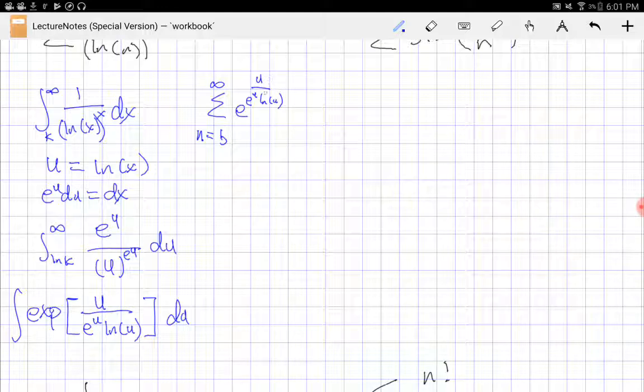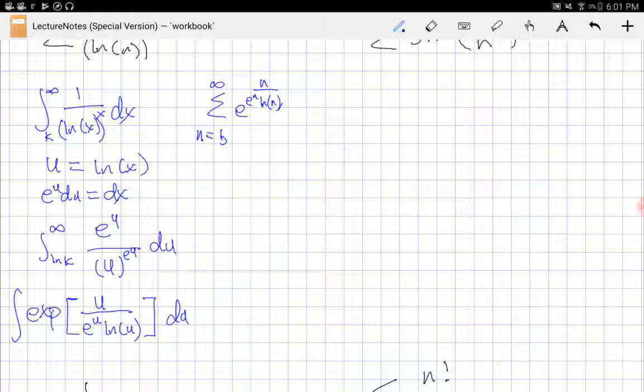This would fail our divergence test because e^u is a larger number than u. No, this is not u. We're counting from n. Sorry. n over ln n.